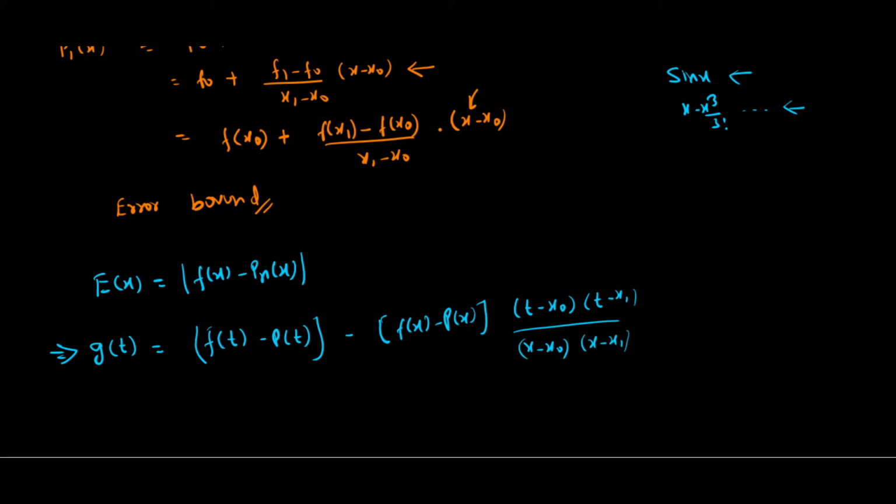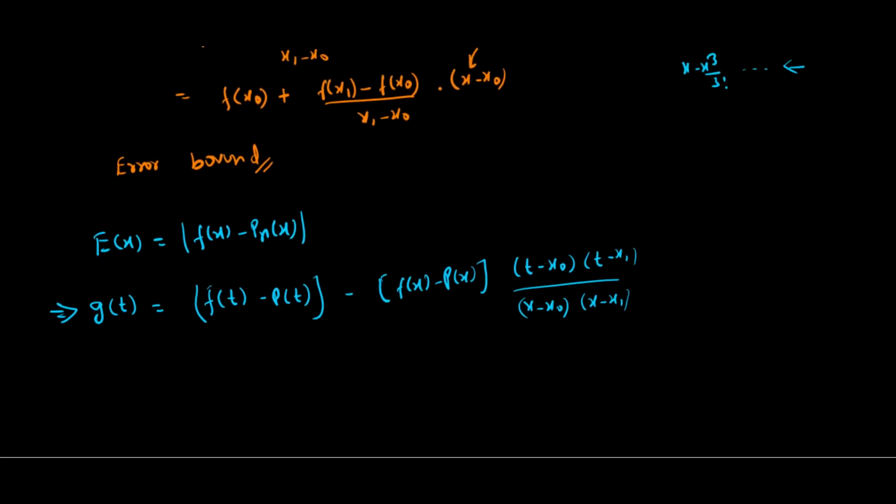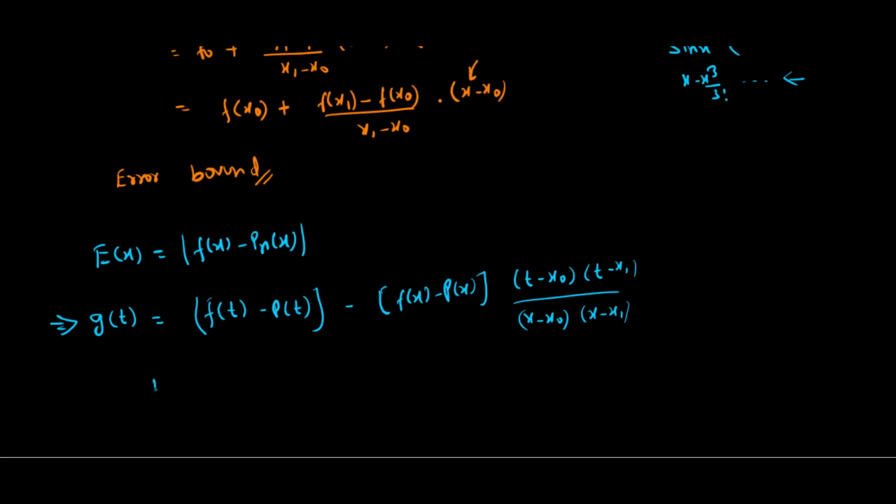What you can observe from here is that whenever you put t equal to x0, this will be f of x0 minus p of x0, and this term will vanish. That simply means this whole term will be 0. And if you remember, at the two points x equal to x0 and x equal to x1, f of x and p of x are equal.